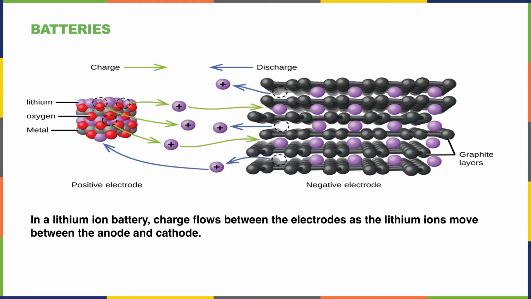And this is what you can see in this diagram, the motion of the lithium ions, which are the little plus balls in the middle here, traveling from the positive electrode, which has metal, oxygen, and lithium ions, to the negative electrode, which has these graphite layers. The lithium ions travel, and at the same time, negative charge travels in the opposite direction and causes the discharge.